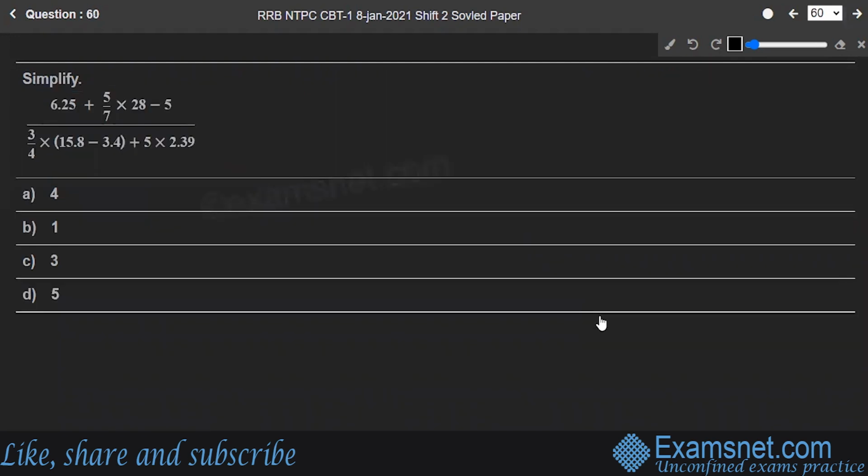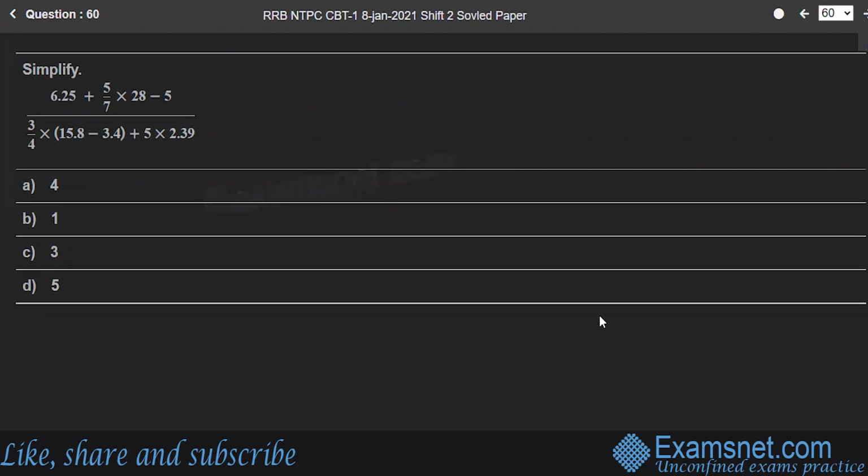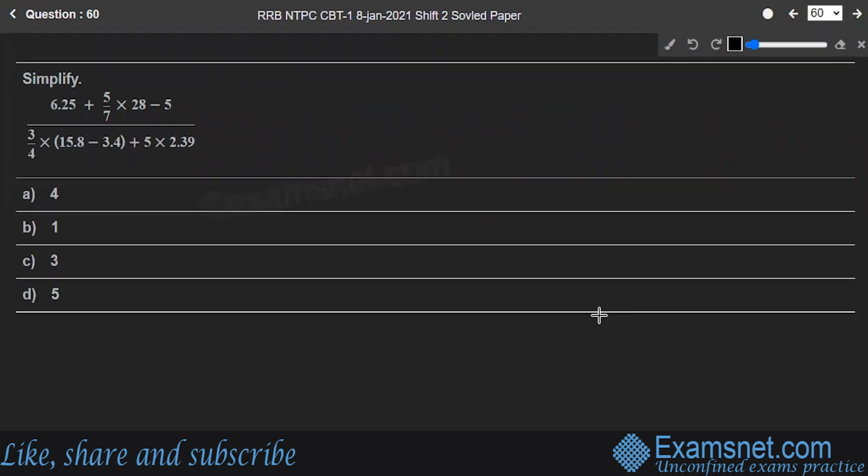Again, a mathematical problem. So let's solve it. The only thing to be kept in mind in this question is the BODMAS rule. Take care of that rule because this problem will be solved using that. According to that, first thing to be solved is the brackets. Let's write it down. 6.25 plus 5 by 7 multiply 28 minus 5 whole divided by 3 by 4 multiply 15.8 minus 3.4.